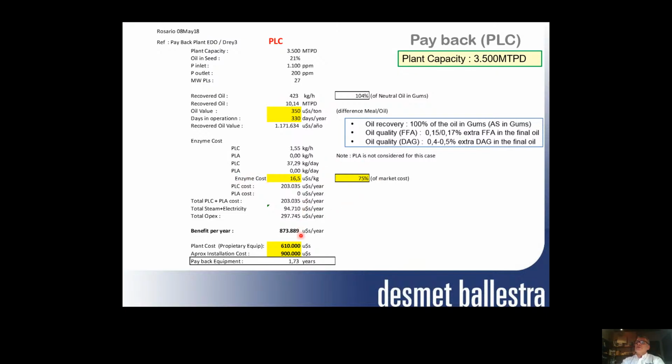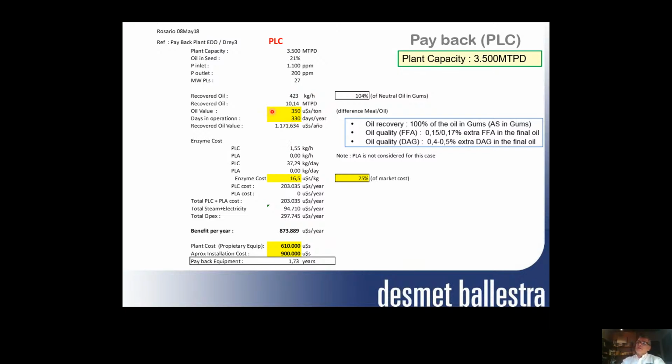And when you look at the cost, the benefit per year is about $900,000 per year from the oil, but using about half of the real price.